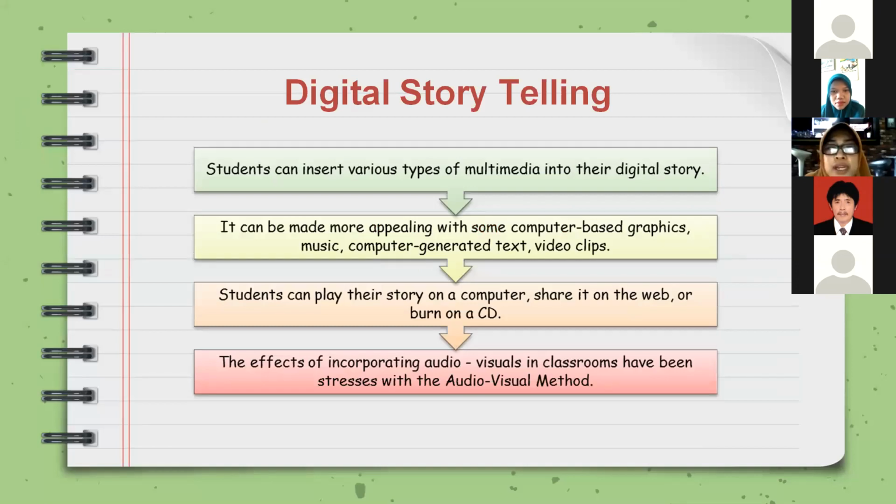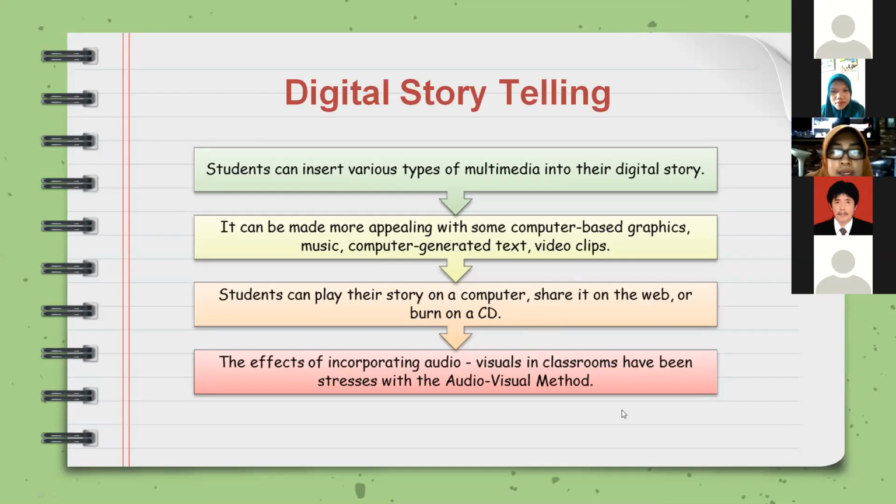They can insert some music, text, or video clips. So it's going to be interesting. They can also play their story on a computer, share it on the web, or distribute it on a CD and share it with their friends or whoever thinks it is interesting, or whoever needs it.